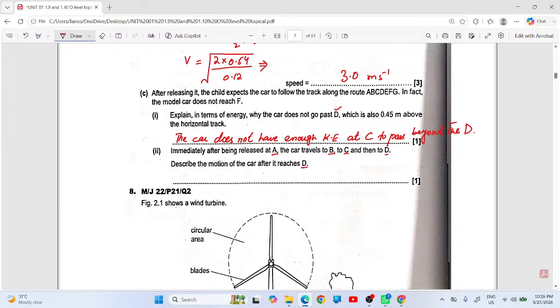It travels back down to C and returns to A.